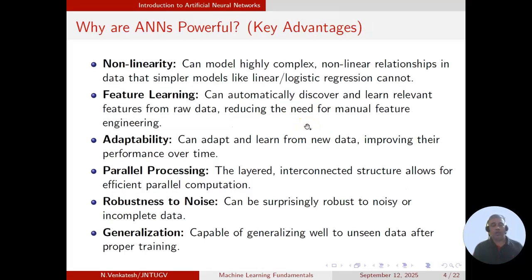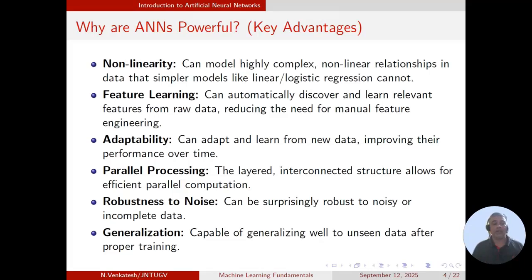So now, why are artificial neural networks powerful? As we have seen, the linear and logistic regression models are powerful for linear relationships, but they fail when you have a non-linear and complex relationship. So artificial neural networks can be used to model complex and non-linear relationships also.